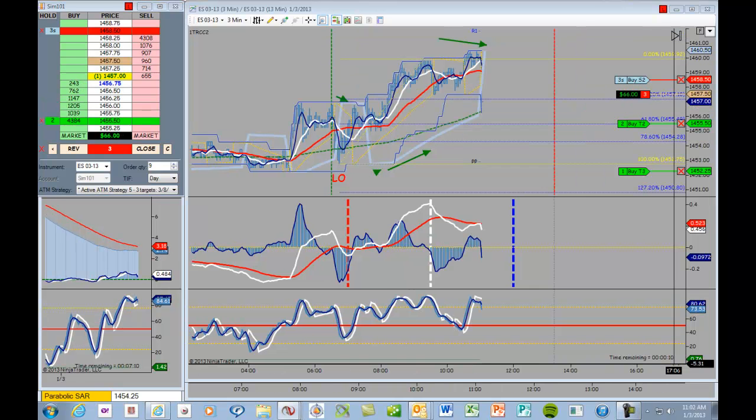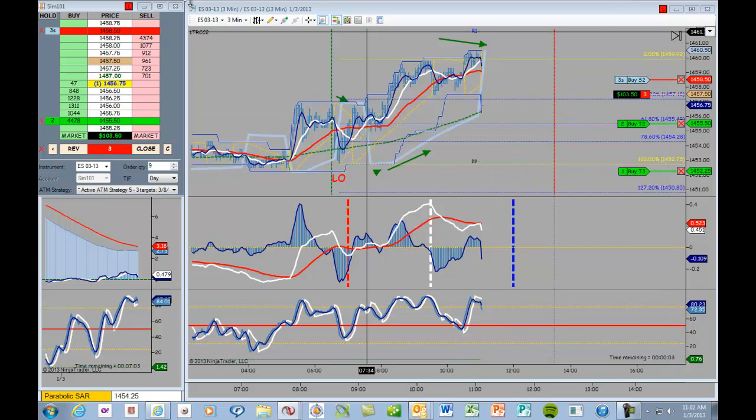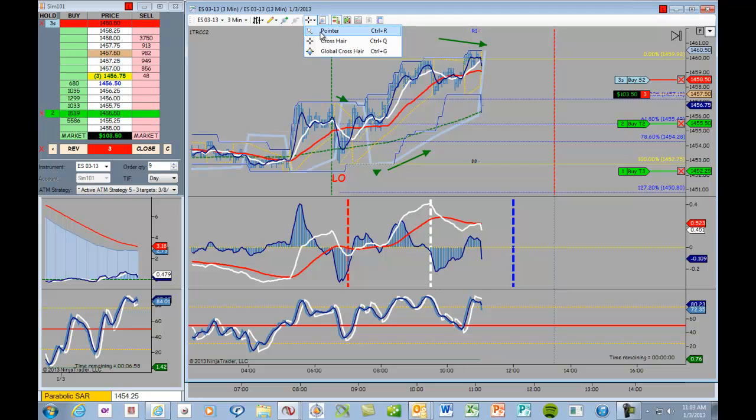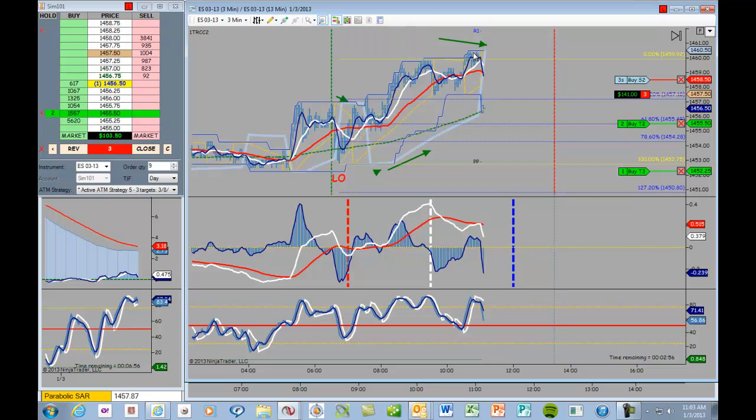Well, it took a while, but we finally hit the first target. Now, I sweated through a little bit of a bounce here, and it looks like what we had was perhaps a 1, 2, 3, 4, 5. I was expecting this to be a corrective move, but I definitely thought it was going to get a lot closer to our trend-defining moving average.